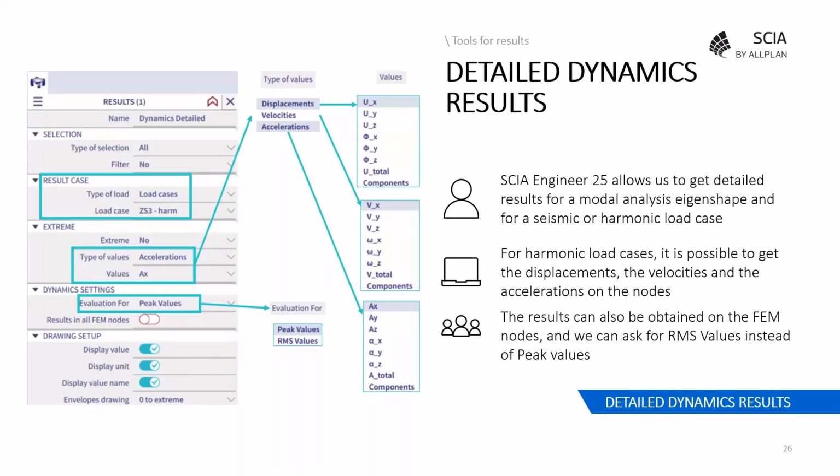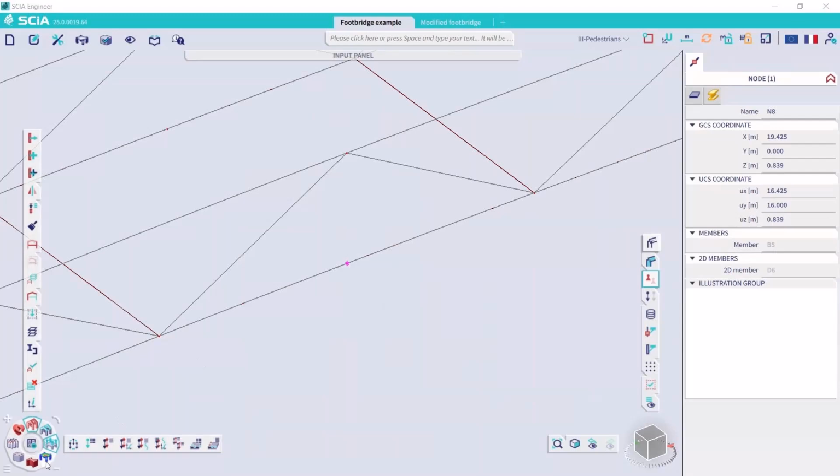The RMS values are indeed the peak values multiplied by square root of 2 and divided by 2, which give us a sort of mean value, because obviously the load will not be at its peak at every moment, because we have a sinusoidal shape of intensity of the load. So this will give us an overview of how the structure will behave in a mean way instead of at peak values. Now I will go back to SCIA to show you these new types of results.